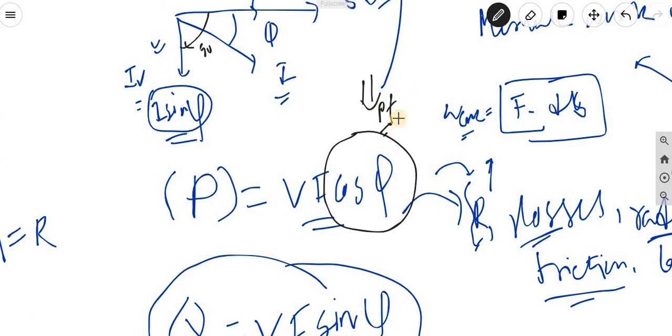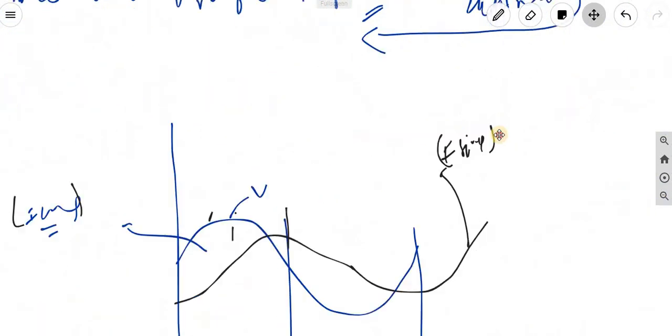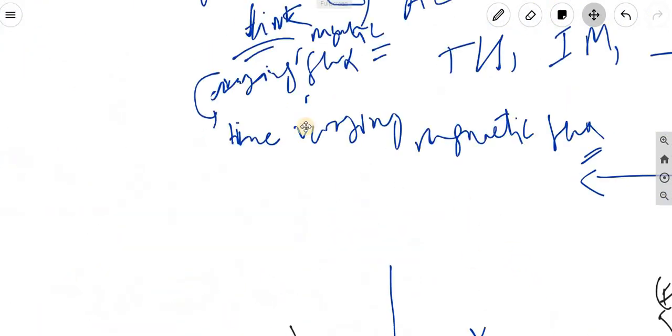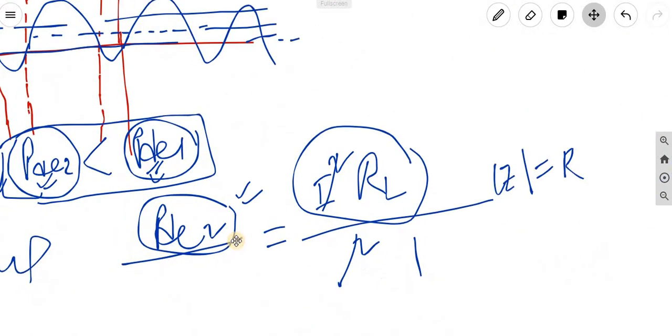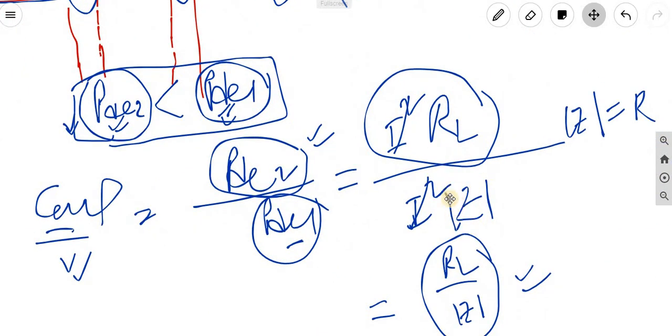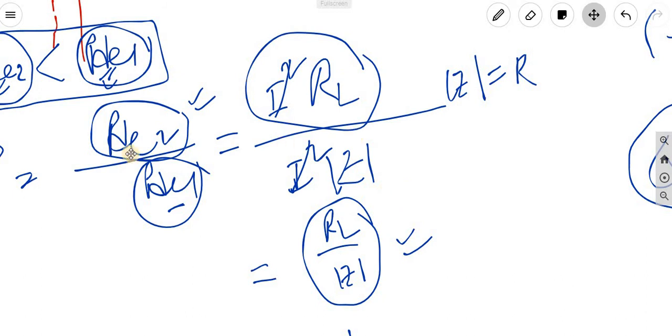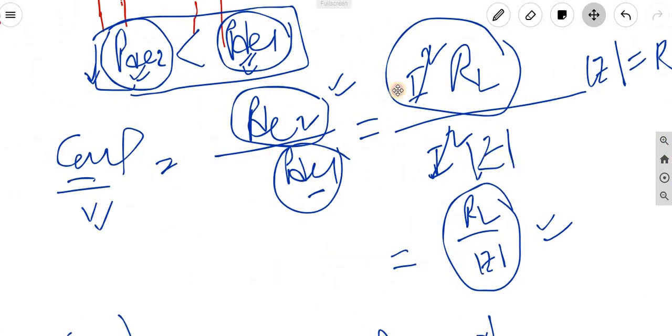This power factor is also what we got earlier. So this power factor is also called R by the magnitude of Z, or R by Z. Okay, this is the power factor.